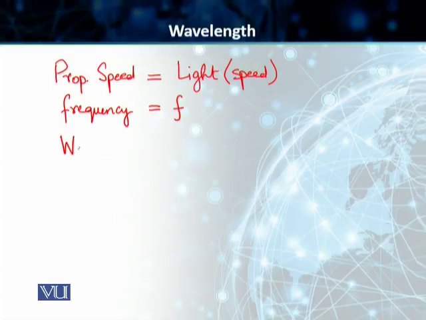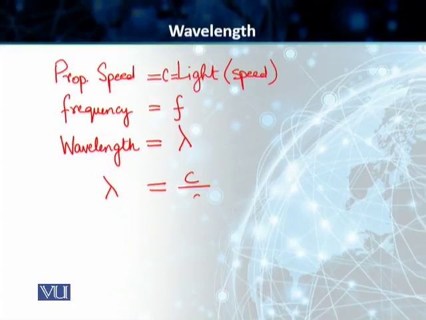Now wavelength is represented by a symbol which is called lambda. This is how it's represented. So students, if we represent the speed of light by c, frequency by f, and wavelength by lambda, then our wavelength is essentially equal to our speed of light divided by frequency.